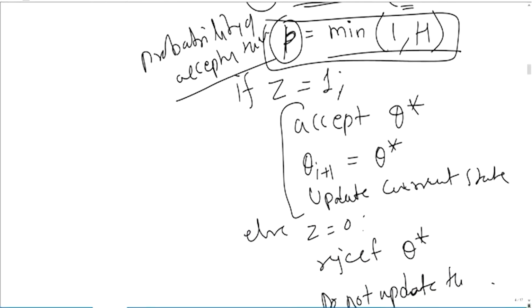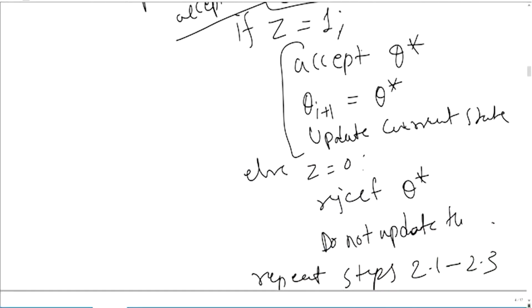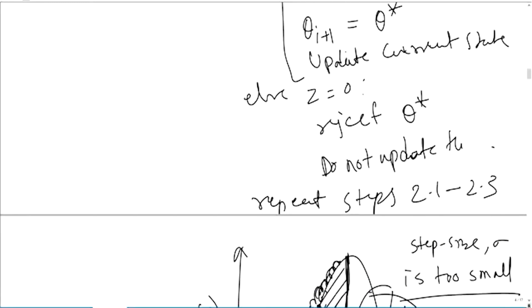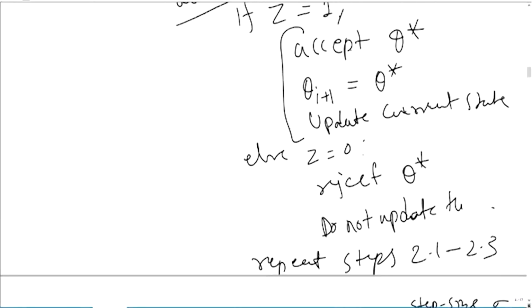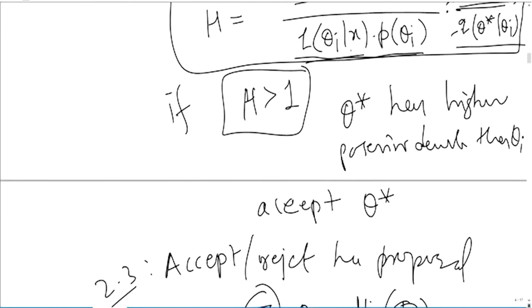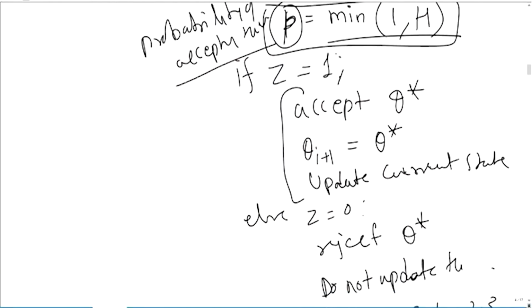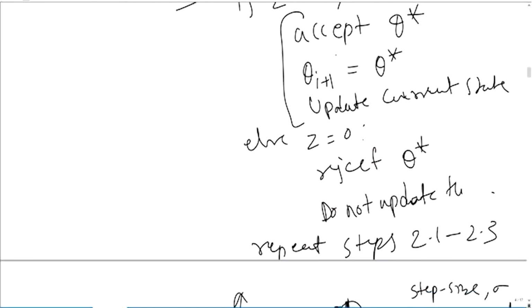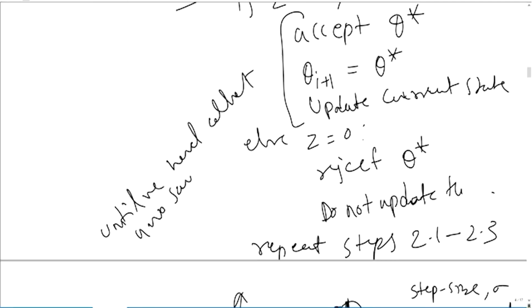And based on this, we either accept theta star or reject theta star, and then update the current state accordingly. And we repeat steps 2.1 to 2.3, basically these steps of proposal generation, evaluation, and acceptance or rejection, until we have collected n samples, let's say 4,000 samples from the posterior. Until then we repeat these steps.